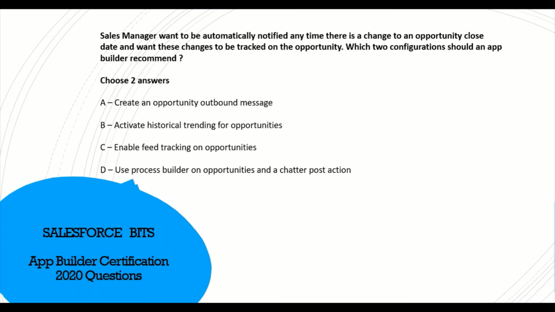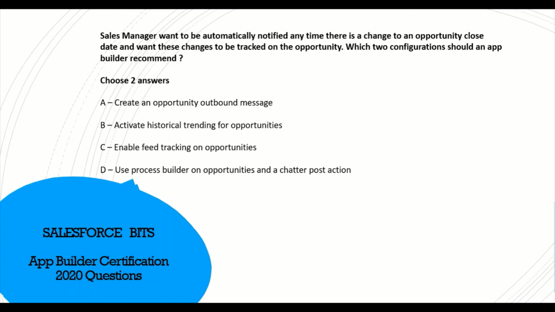And B, activate historical trending in the opportunity. It's something you track the changes to the opportunity field, that is nothing but an audit trail. That is also not going to serve the purpose here. And C, enable the feed tracking on the opportunity. Yes, it is required, and why it is required is once you enable the feed tracking, use the process builder on the opportunities and a chatter post option.